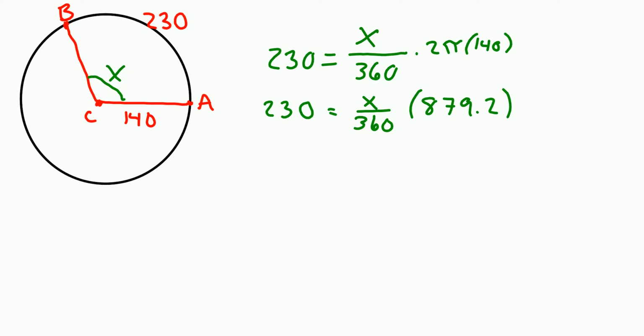So then, to get rid of this 360 on the bottom, we're going to multiply both sides by 360. So 230 times 360 gives us 82,800. Okay, and then to get this x by itself, we're going to divide both sides by 879.2.